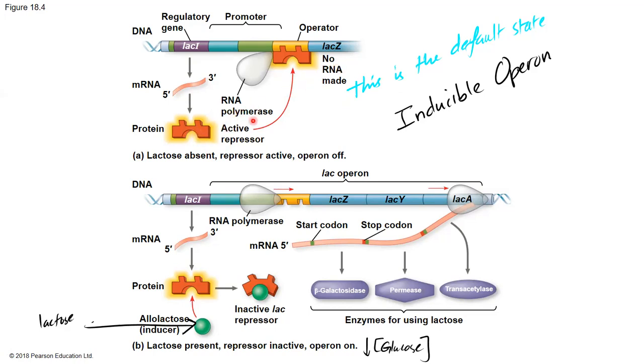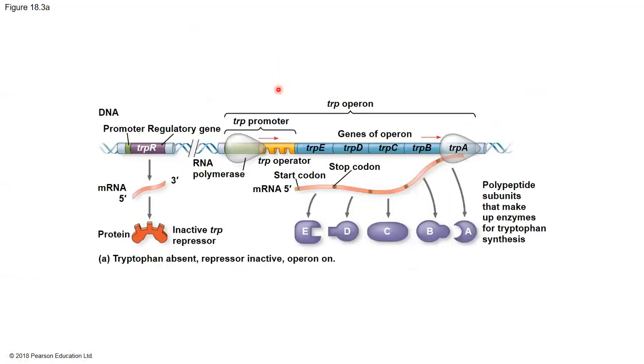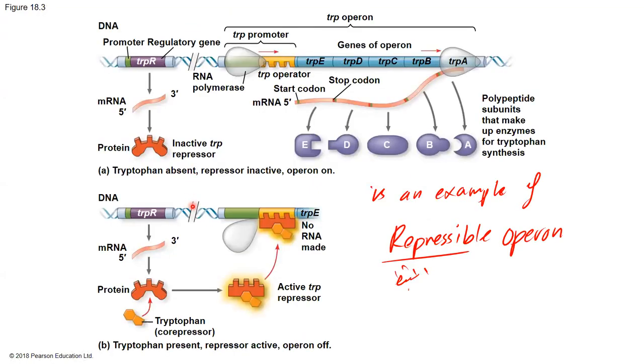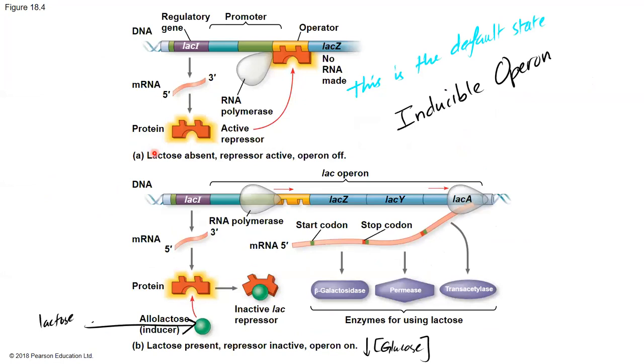This is the normal condition. In the repressible operons, under normal conditions, the repressor is inactive. So it is synthesized, it is expressed in its inactive form. Once it is produced by translating this mRNA, it is normally inactive. Here in the lac operon, which is an inducible operon, it is translated directly into an active form. So it is already active.